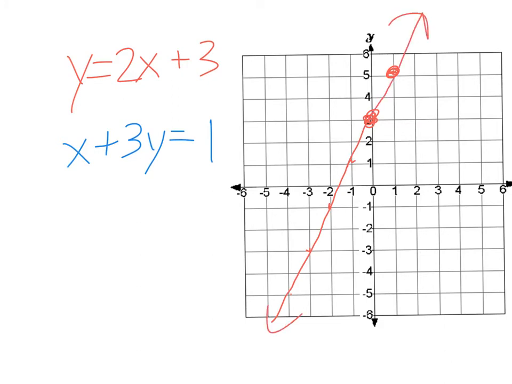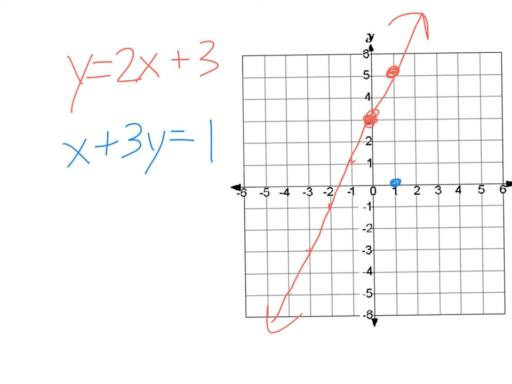There we go. And then hopefully for x plus 3y equals 1, if I let x equal 0, y was 1/3, which didn't help me much. But if I let y equal 0, I know x is equal to 1, which is good.